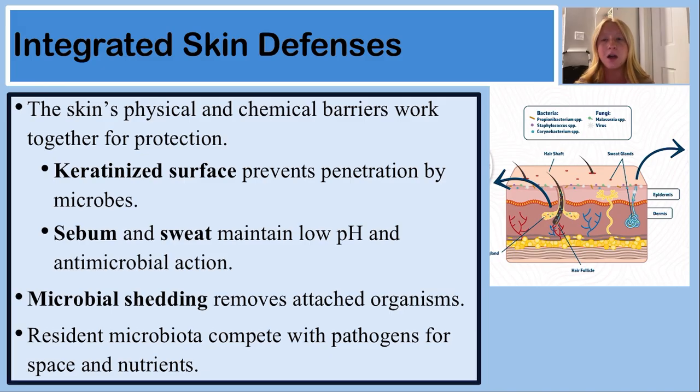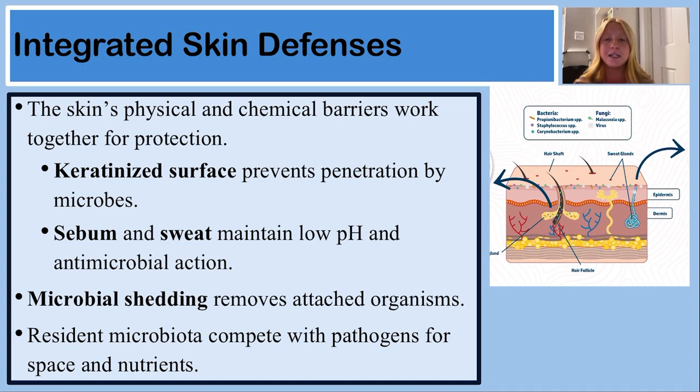So the skin doesn't rely on a single type of protection. It combines physical barriers and chemical defenses to keep pathogens out. The keratinized surface forms a tough outer layer that microbes can't easily penetrate. But then we also have sebum from oil glands and sweat, like we talked about before. These help maintain an acidic environment and discourage bacterial growth.